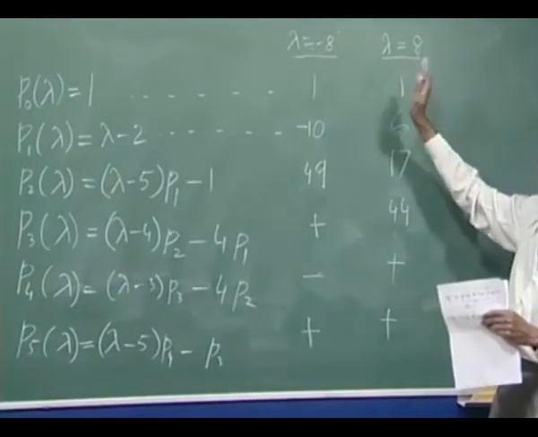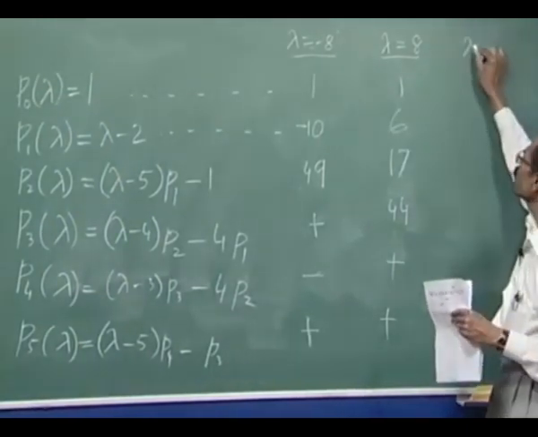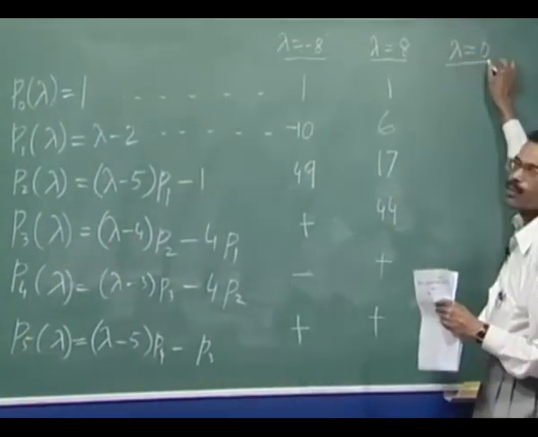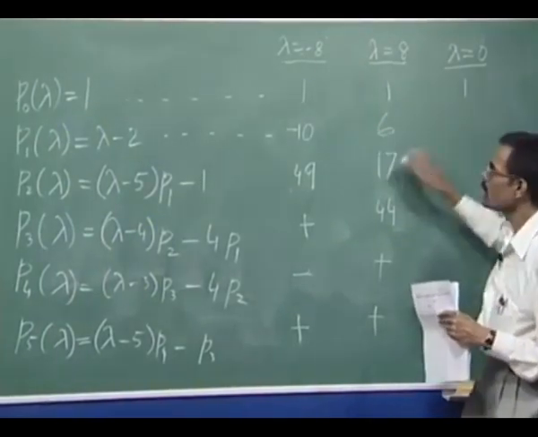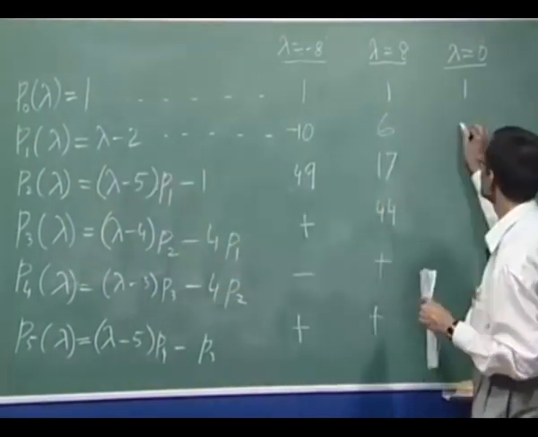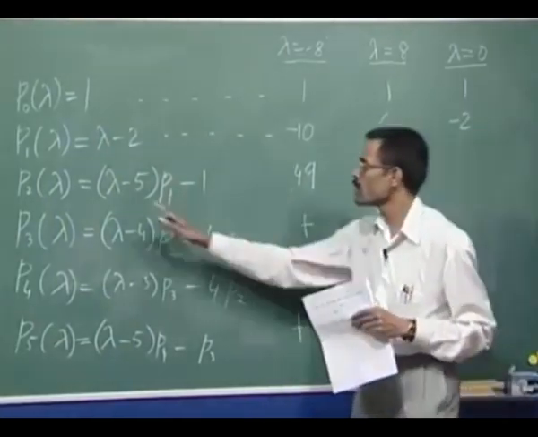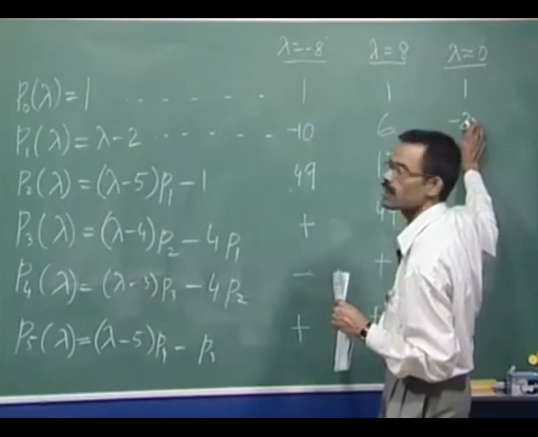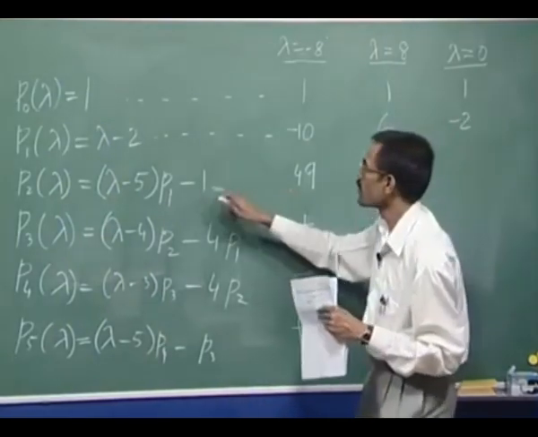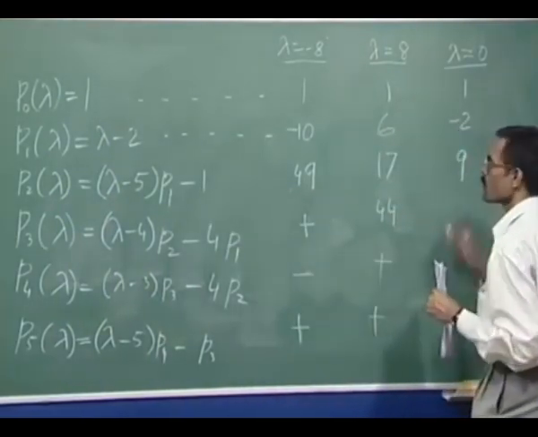Now, applying bisection, you try to find out the number of roots above 0, okay, how many? So, this is 1, as you put 0 here, you get minus 2, and here you get minus 5 into this, that is plus 10, minus 1, that is plus 9.